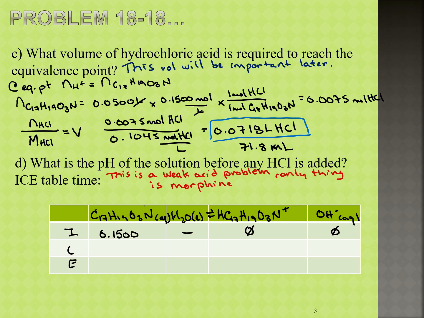Now the change: the morphine is going to react, so it's going to go down by some amount, and my conjugate acid and the hydroxides are going to go up by that amount. So we're going to add our columns together, and we're going to get these values at equilibrium. We will now plug those in on our next slide and solve for our pH.